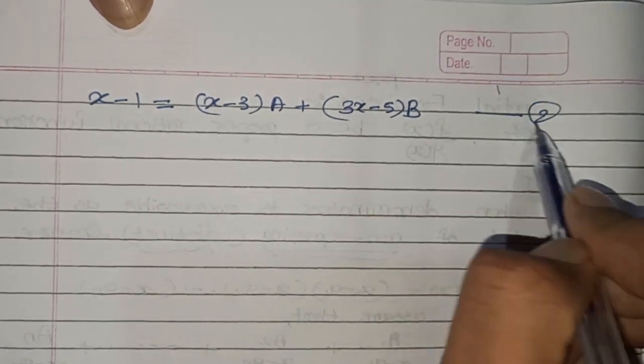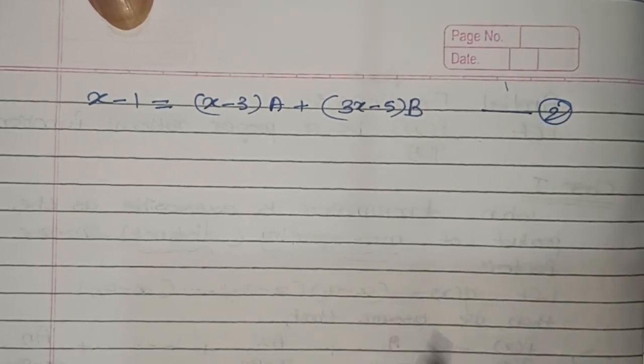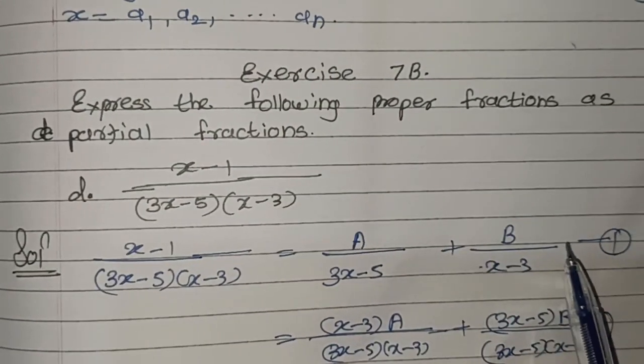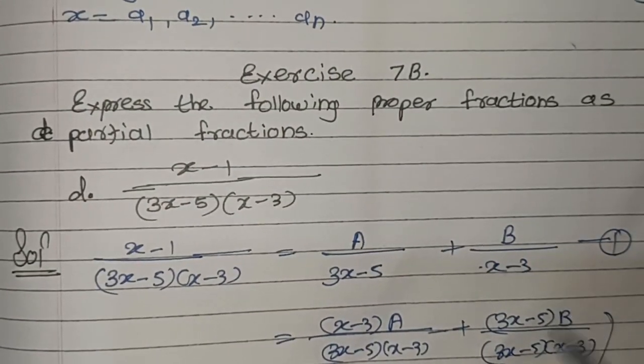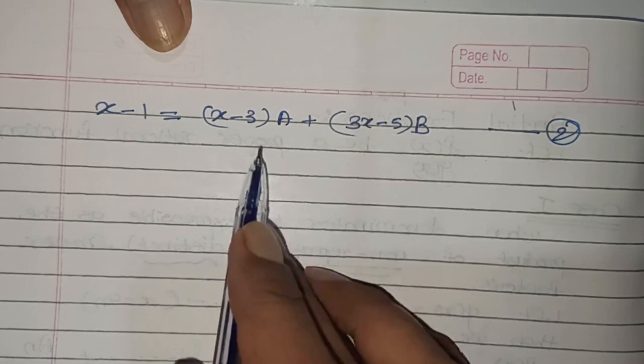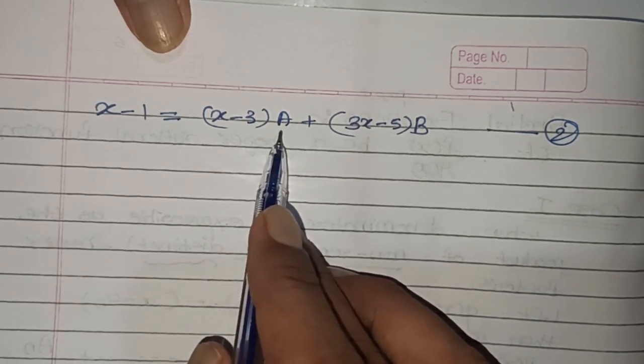Call this equation number 2. You can write directly from this step; you can skip both the earlier steps and directly write this step. Call this equation number 2 and determine the values of a and b.